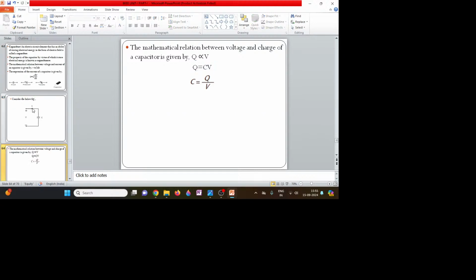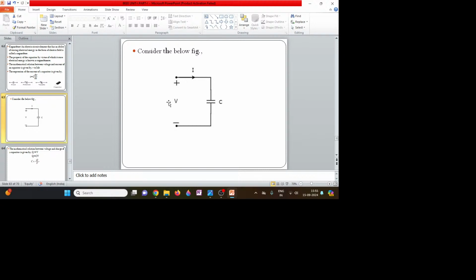So you people write down capacitor and draw this diagram. I hope you have drawn this.